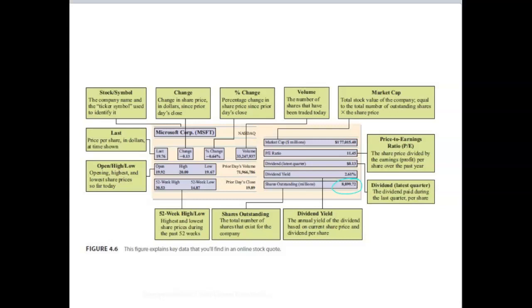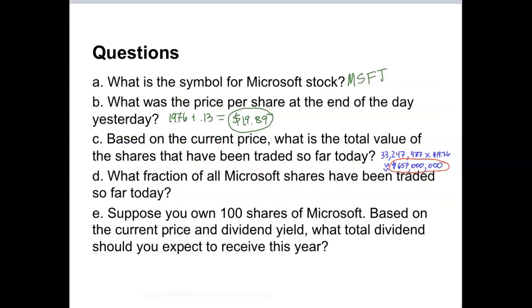So if I just divide those two, 33,247,937, and I'm going to divide that into the total number of shares of Microsoft stock, which was 8,899,720,000.